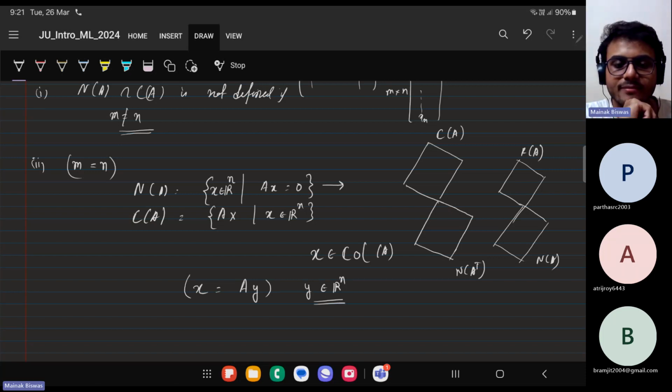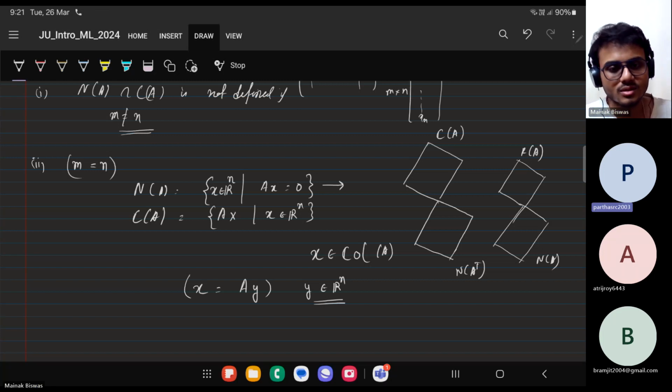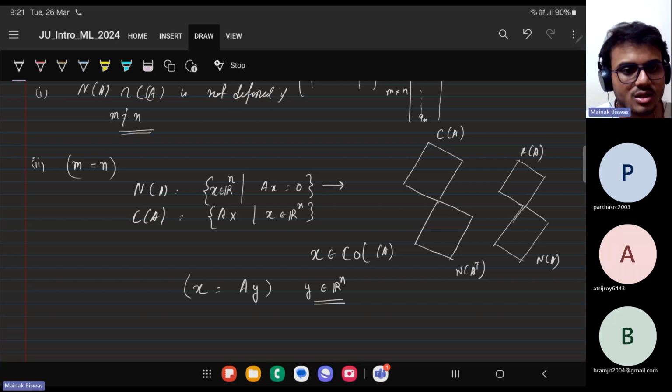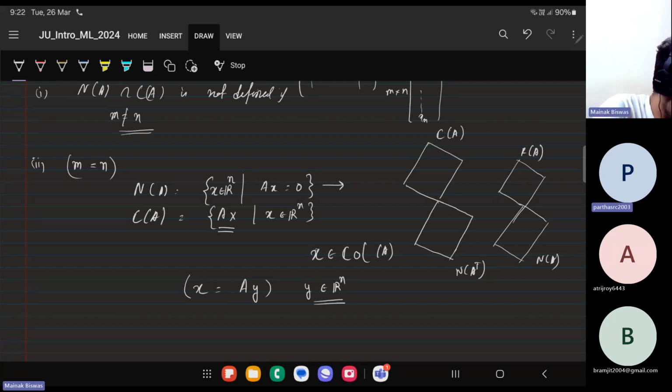There should be a Y in Rn such that AY equals X. Yes, because it's the set of all linear combinations of the columns, right?